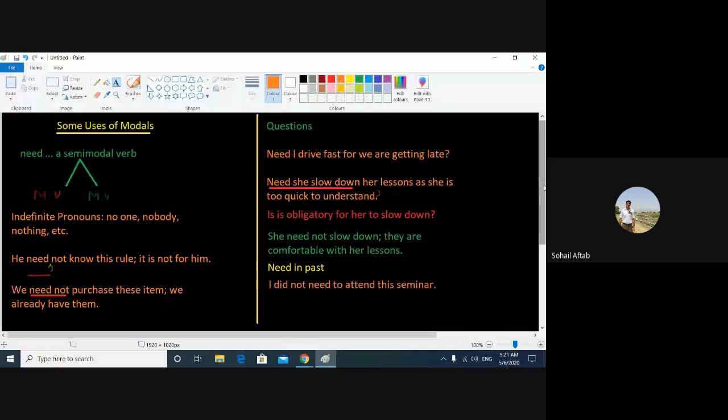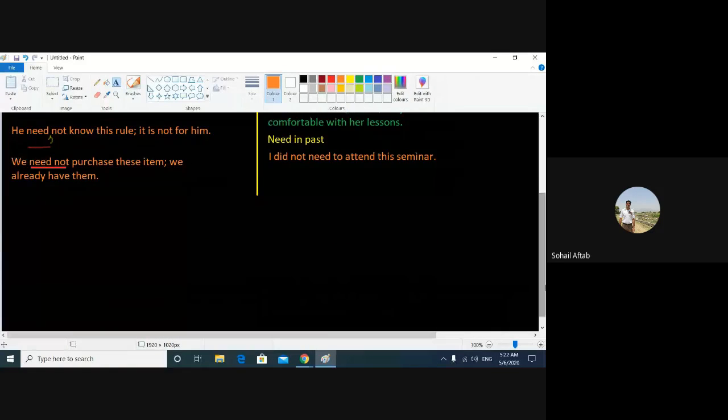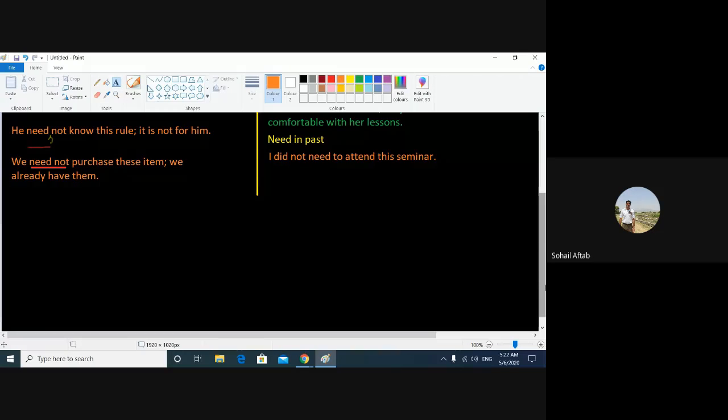Now our next, let me scroll it down. Our next modal which I want to discuss is ought to. Ought to is another modal verb which is used for obligation.